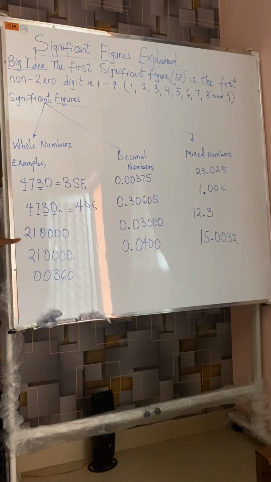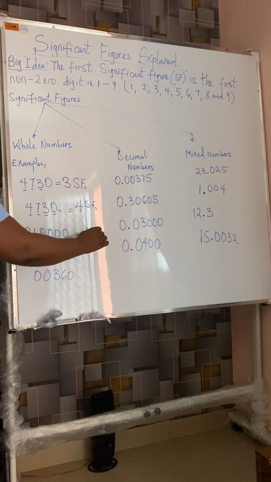All right. Then in this case, the first non-zero is this 2. This is the first non-zero, and this is the second non-zero. These other zeros following this 210,000, there is a chance that they are all placeholders. Please, there are 2 significant figures here.